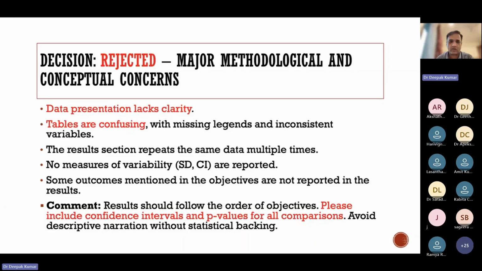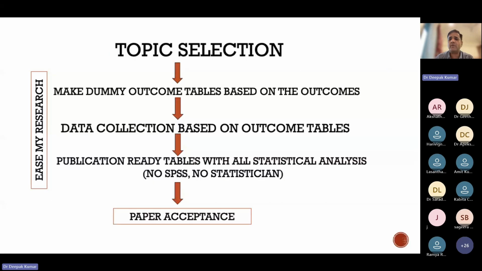I think it is a common situation for all, at least medical doctors, because they are not doing research regularly. But what I want to convey today is that after topic selection, you just have to make the dummy outcome table based on your primary and secondary outcomes, and collect only the data which is required for the outcome tables.